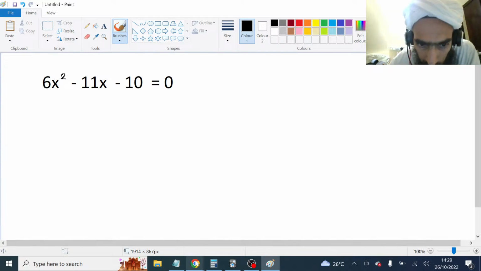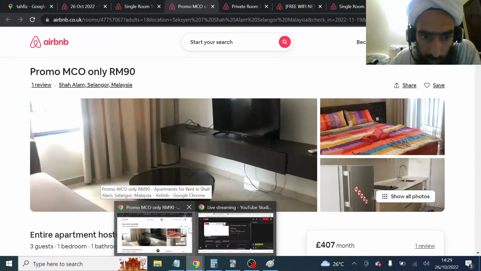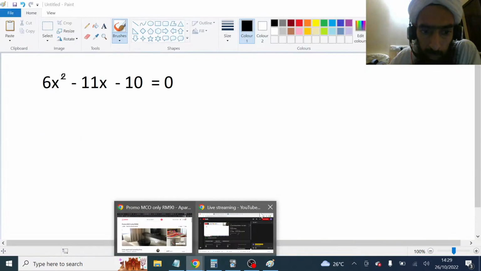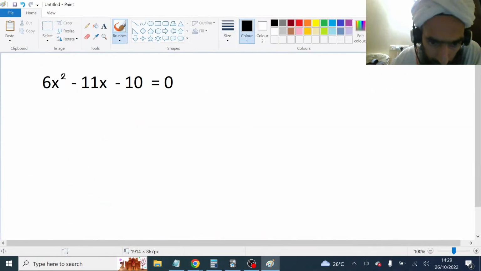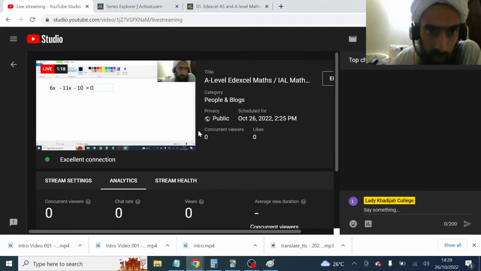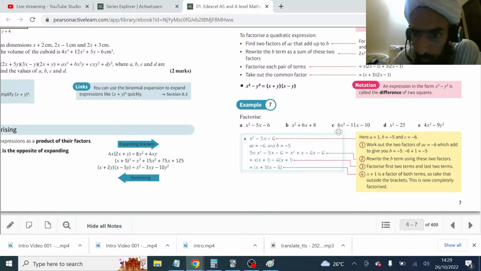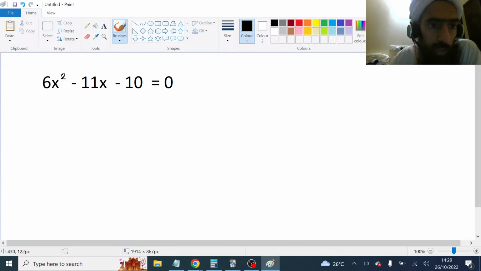Let me just check I've got that right. So 6x squared minus 11x minus 10. We want to make sure that it does work out perfectly. We don't want to just end up with numbers that don't quite work.